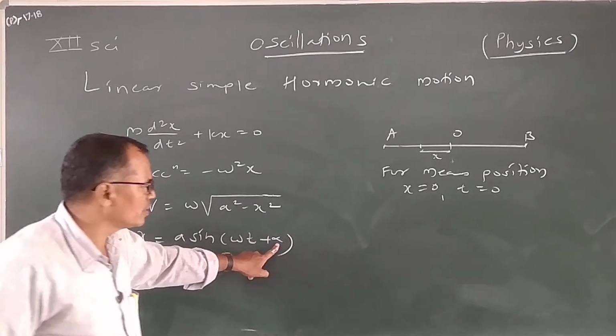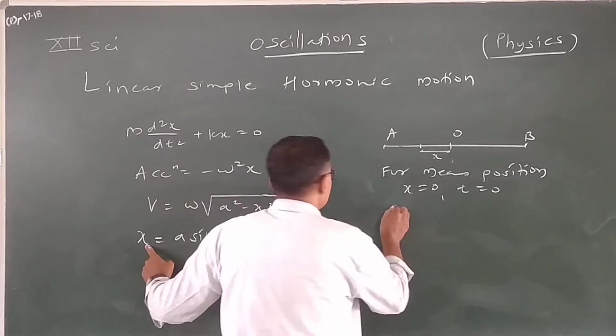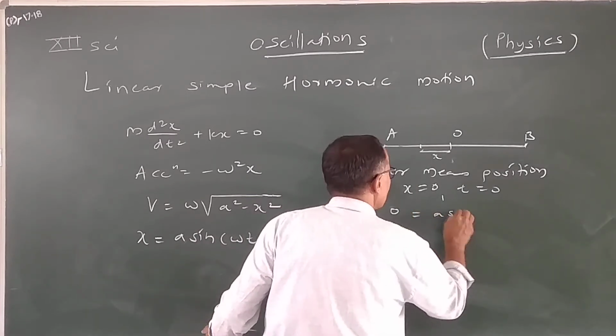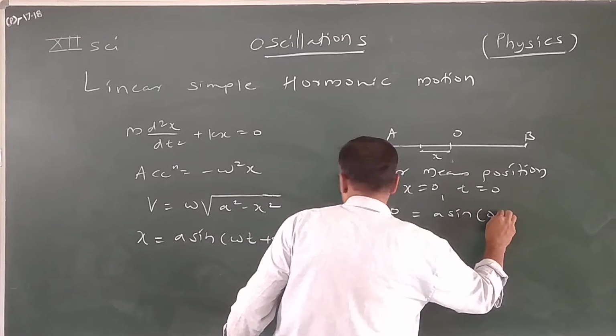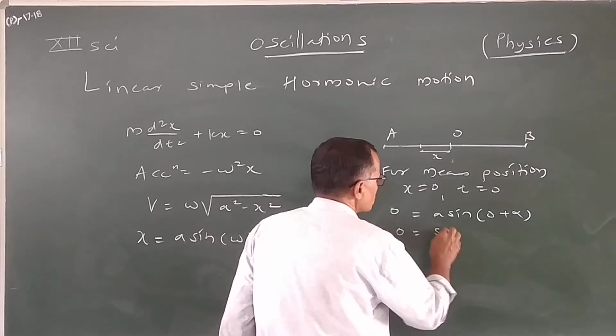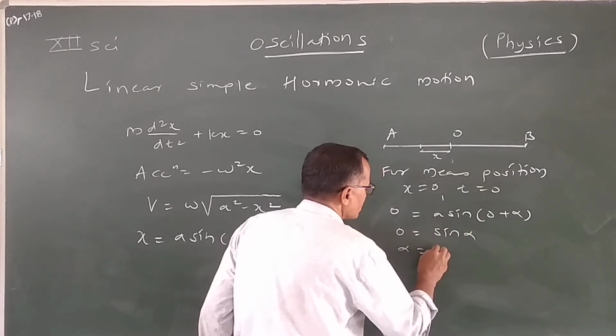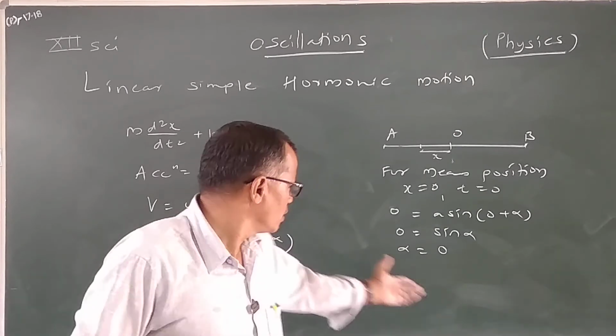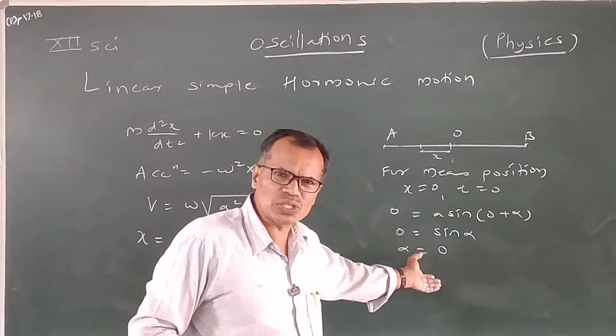You will get 0 equal to a sin(0 plus alpha), that is, 0 equal to sin alpha. So sin alpha is equal to 0, which means alpha is equal to 0.